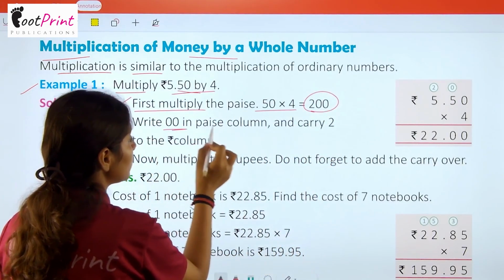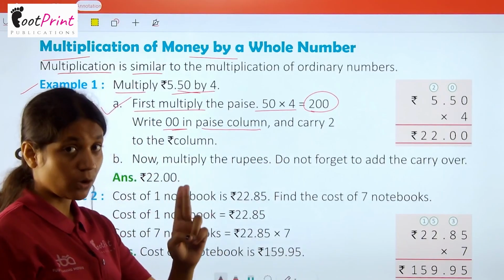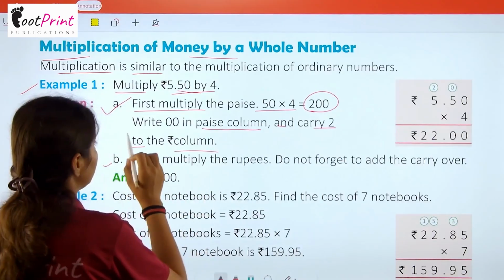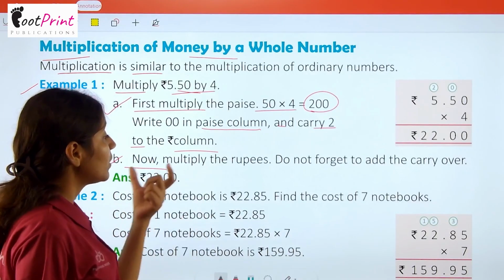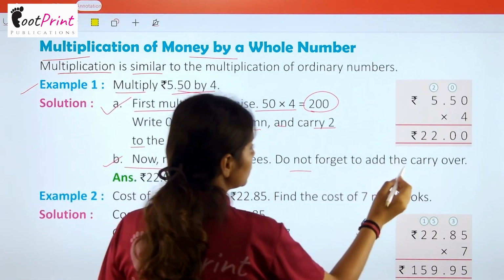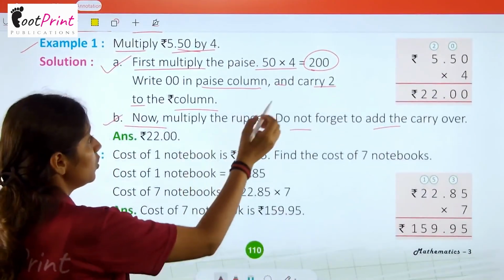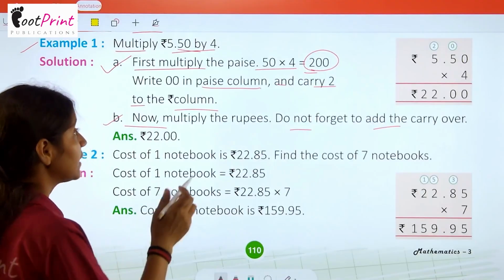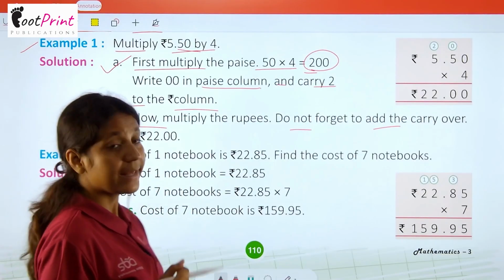Write 0, 0 in the paise column because you know the paise column contains only 2 places. Okay, and carry 2 to the rupees. Step 2 is now multiply the rupees. Do not forget to add the carry over. So, जो हमने यहाँ से carry over लिया है उसको भूलना नहीं है. And then हमें multiplication करना है rupees column में.